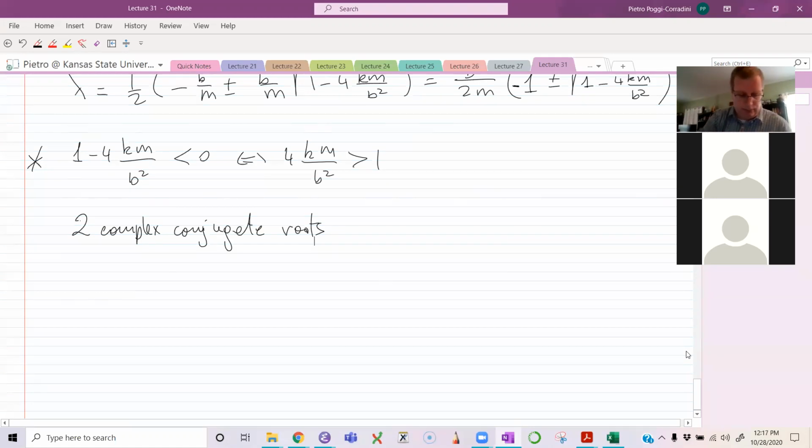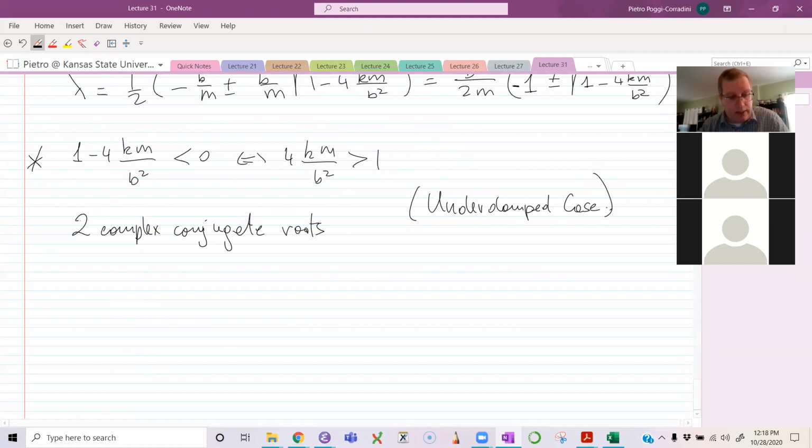So this is called the underdamped case, and I think it does something like this.